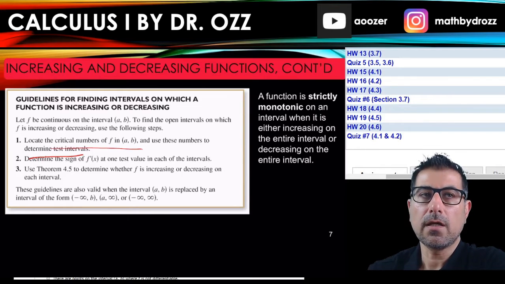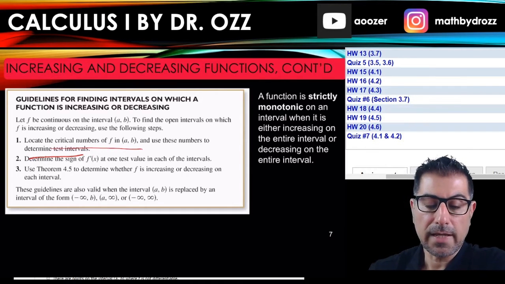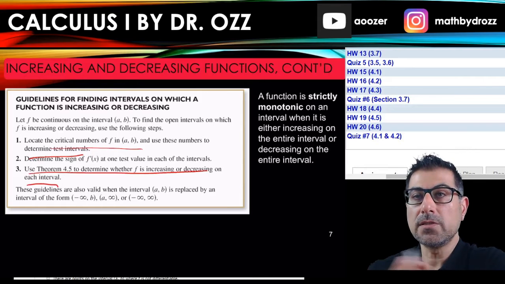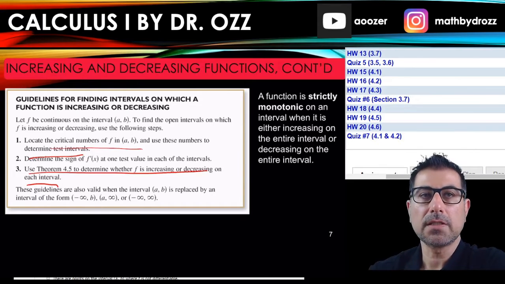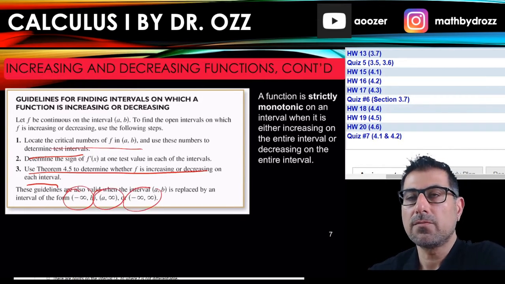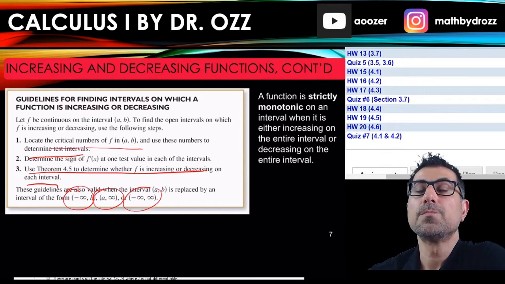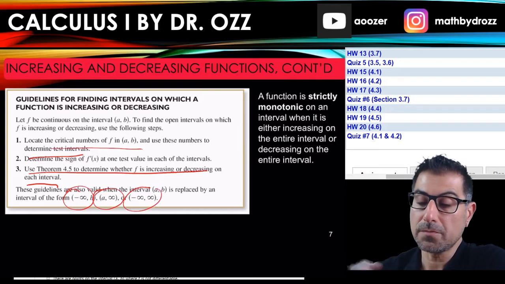Then based on those test values, we determine the sign of f prime, and based on that, we deduce that f is decreasing or increasing on the corresponding subintervals. You can always change those intervals to infinite intervals depending on the function you're dealing with and the interval provided in the question.